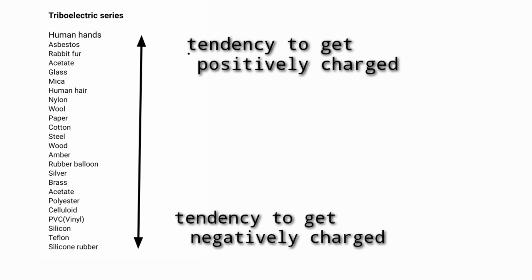You can also see a double-headed arrow, and on the top it is written tendency to get positively charged, and on the bottom it is written tendency to get negatively charged. This means that materials on the top have a tendency to get positively charged. Similarly, the materials on the bottom have a tendency to get negatively charged.